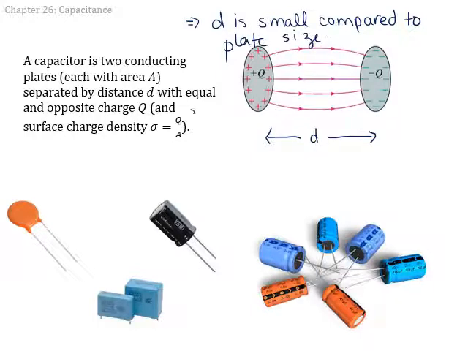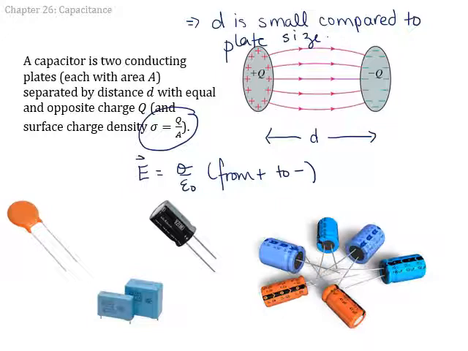So the charge density on the plates is the charge divided by the area of the plates. What else? We know that the electric field between the plates of the capacitor is sigma over epsilon naught, and the direction of that field is from the positive to the negative. We know that the electric field outside an ideal capacitor is 0.